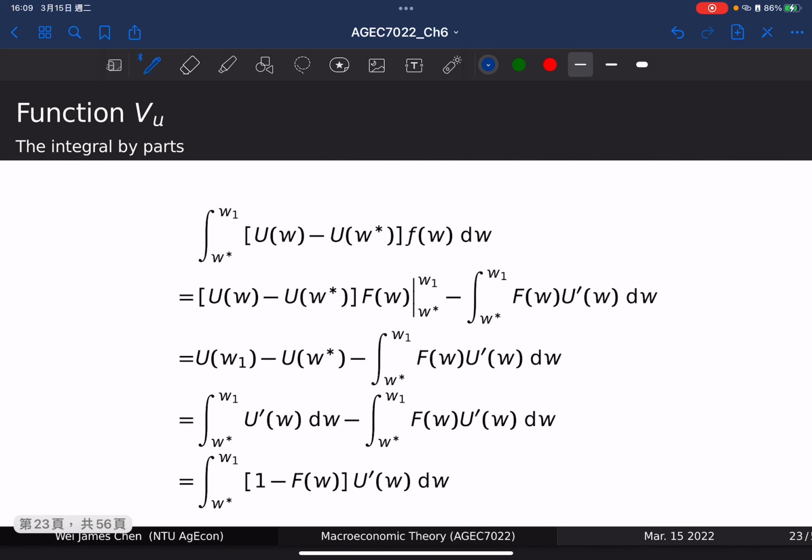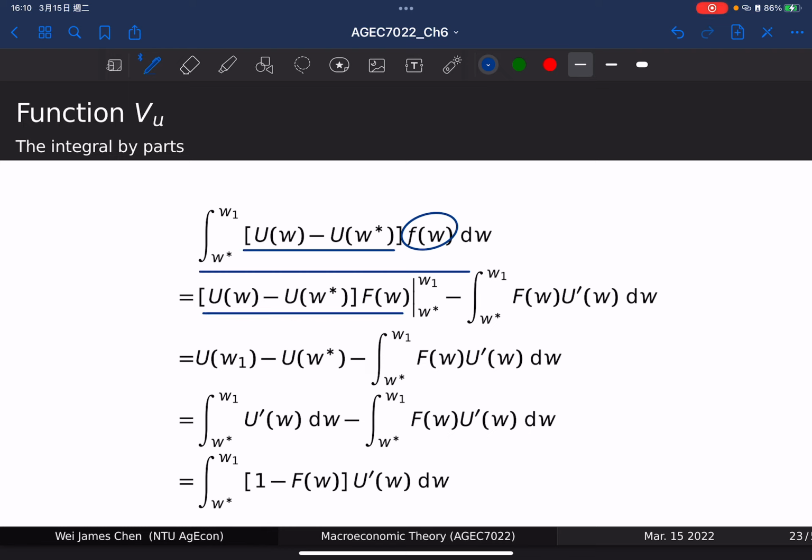To make it clear, this is the detailed step. So this is the original term. When you do an integral by parts, what happens is you assume this is something that's already taken differentiation. This one hasn't been differentiated, for example. And the term you put here would be this term plus this term before differentiation. That's going to be capital F of W. And I hope you know what this means.